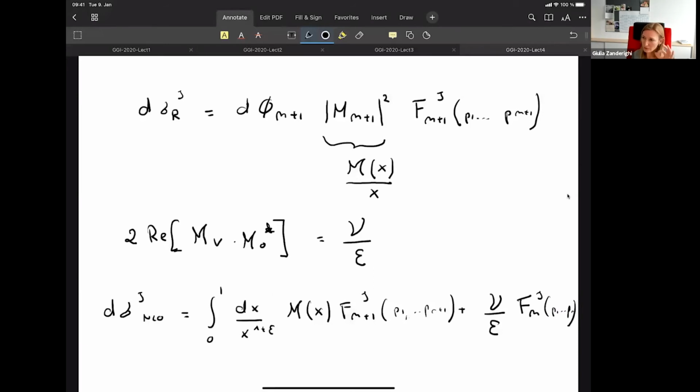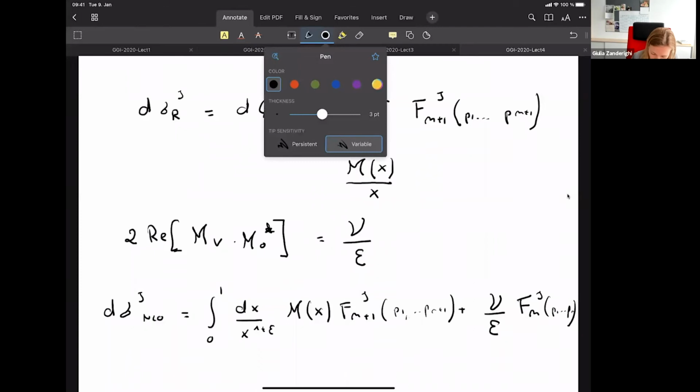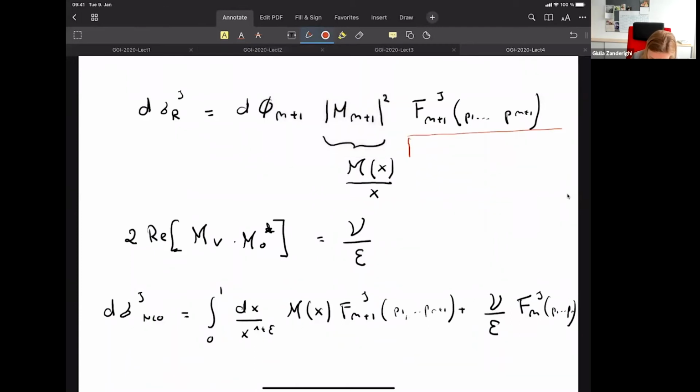And infrared safety means that in the limit where x goes to 0, so let me maybe write it here in a corner, my function f n plus 1, this jet function that depends on x, must become the n jet function. So in the limit where an emission is infinitely soft, it is as if the emission would not be there.